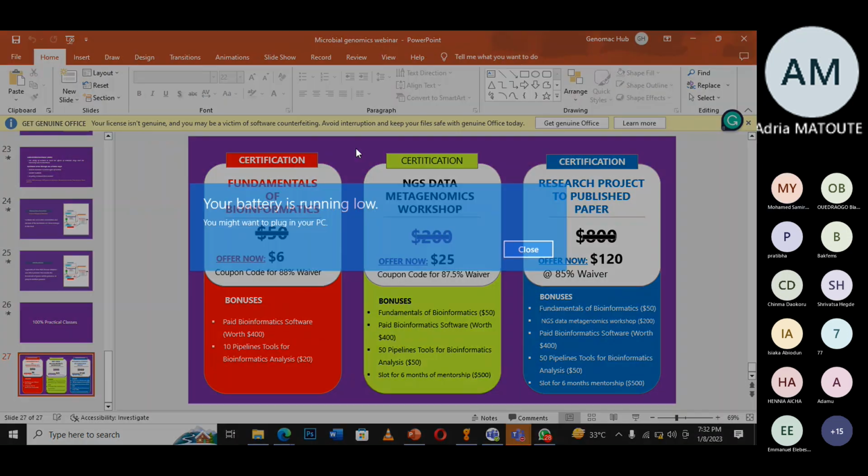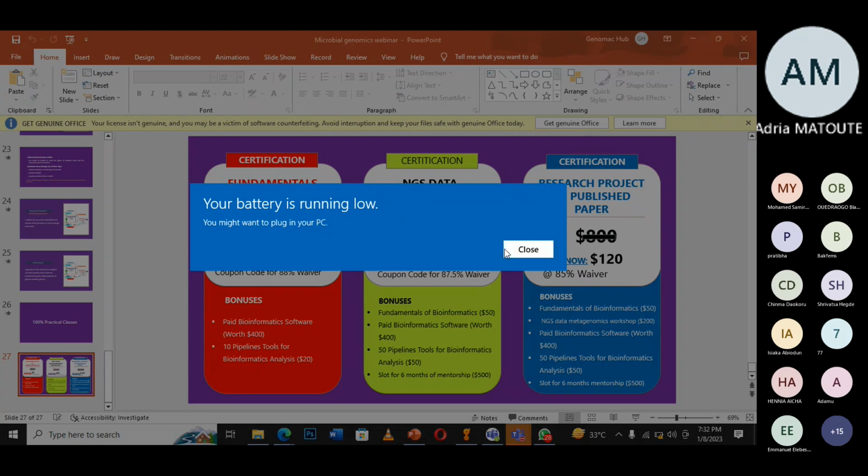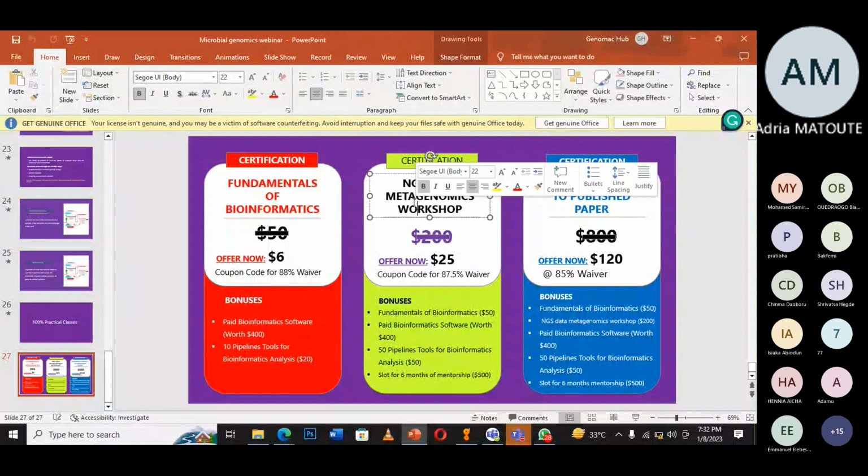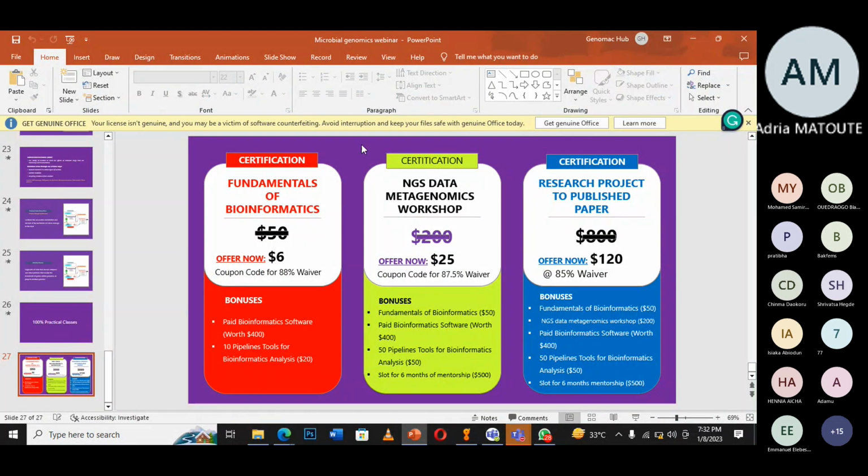We have a package for plant genomics, and we also have a package on the other. Let us know about the plant genomics, please. We are also interested. So you have the same discount for the plant genomics? Listen, I'm trying to answer your question. You have interest in metagenomics, isn't it?